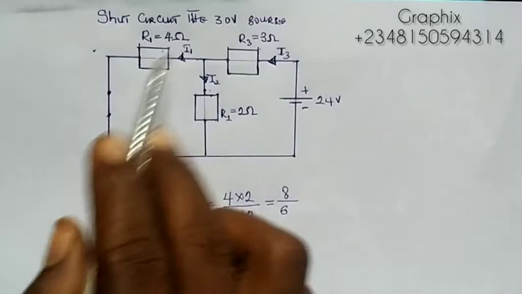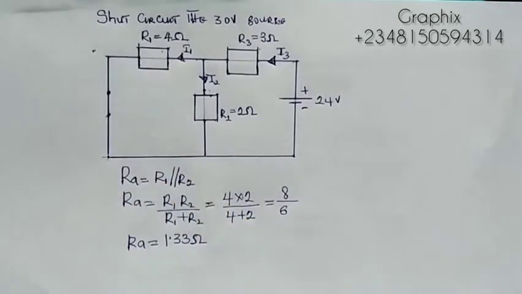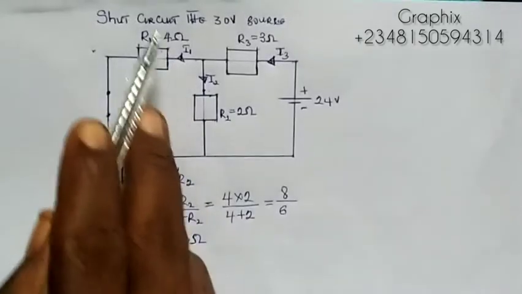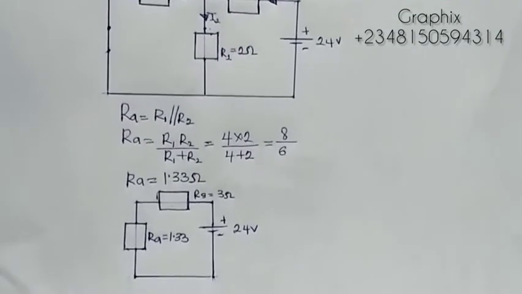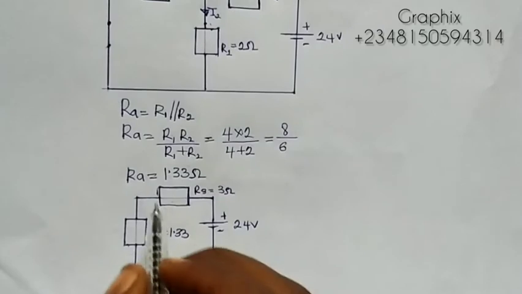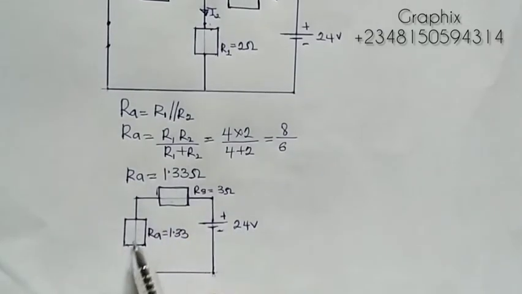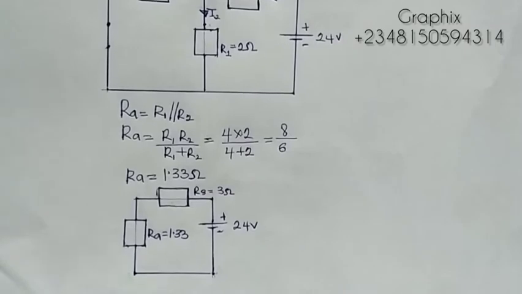Now we will draw this to see what is happening, since these are now taken as one. Now we'll be having this. Now the RA and the R3 are now in series.